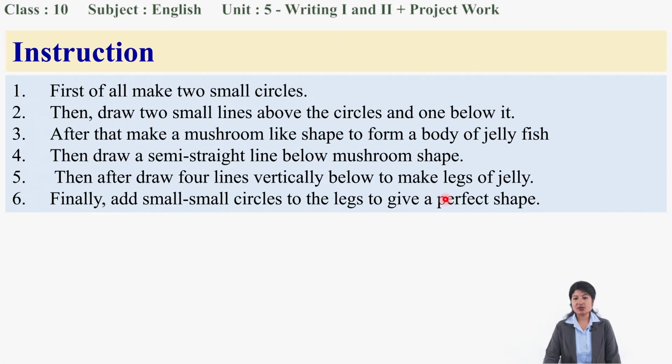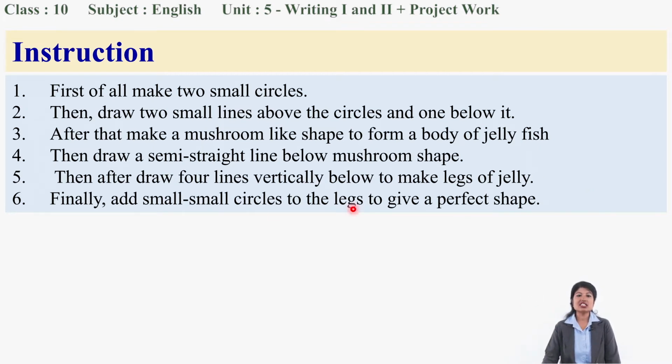So as we have discussed already, the body of jellyfish looks like a mushroom. Fourth, then draw a semi-straight line below mushroom shape. Fifth, then after draw 4 lines vertically to make legs of jelly. It looks like legs, no?